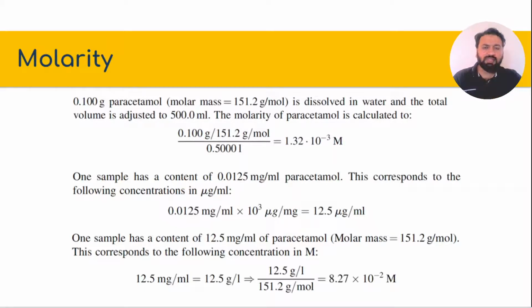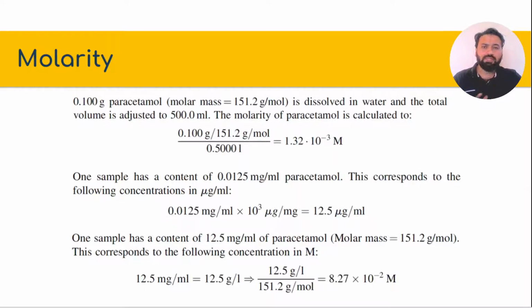So we take 0.100 gram and dissolve it in water and make up the volume up to 500 ml. Now we have to find out how many moles are there in 0.100 gram. The molar mass is 151.2.